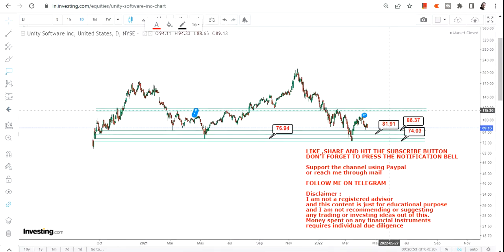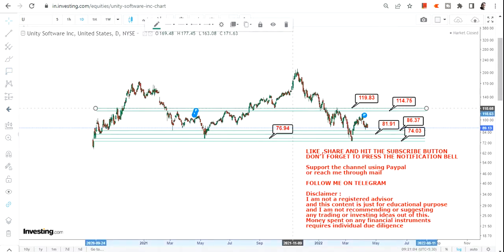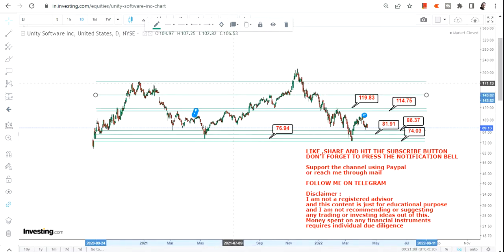So if it sustains above 86.37, the first 2 immediate targets we have here will be 114 and 119, and then you have another range.